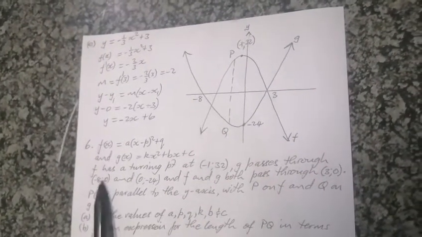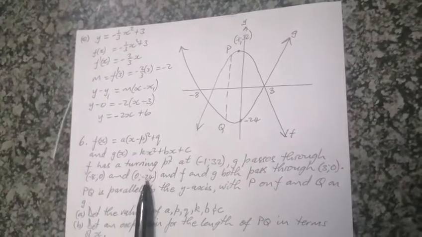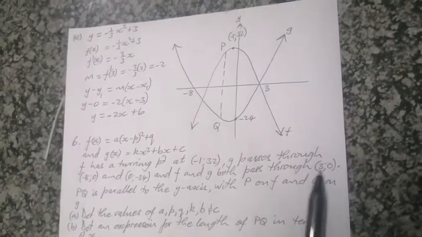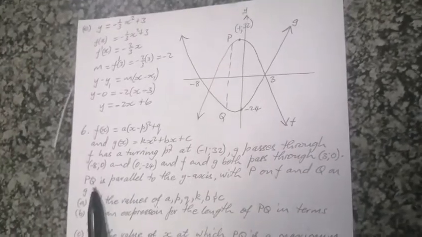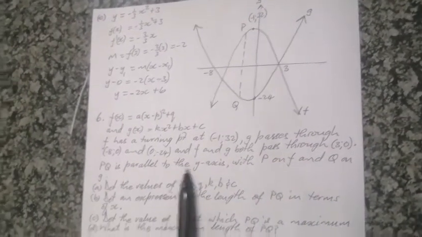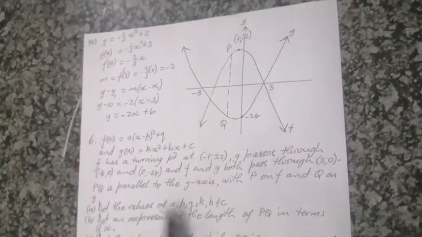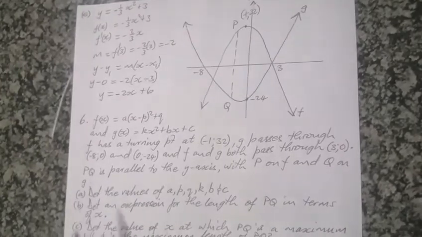G passes through the points minus 8, 0 and 0, minus 24. And F and G both pass through the point 3, 0. Both of them are passing through that point. PQ is parallel to the y-axis with P on F and Q on G.